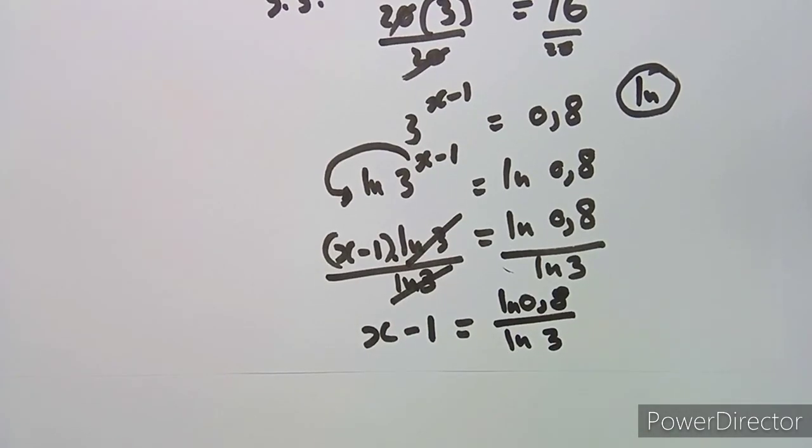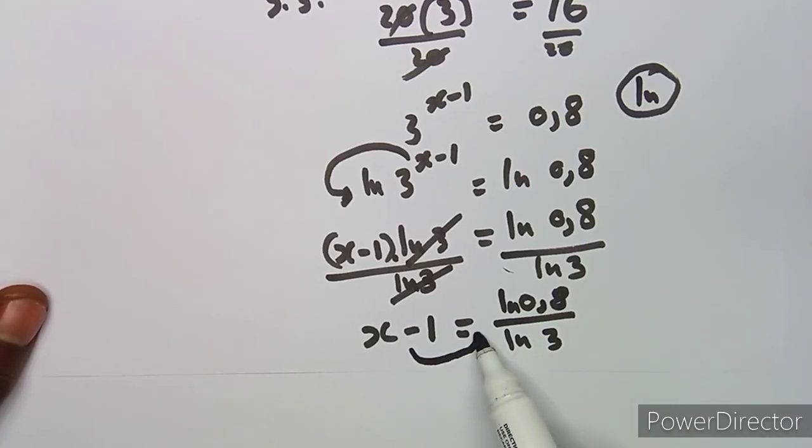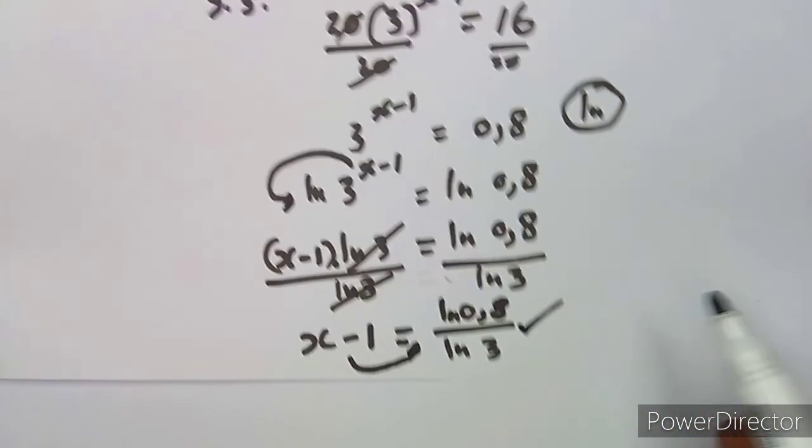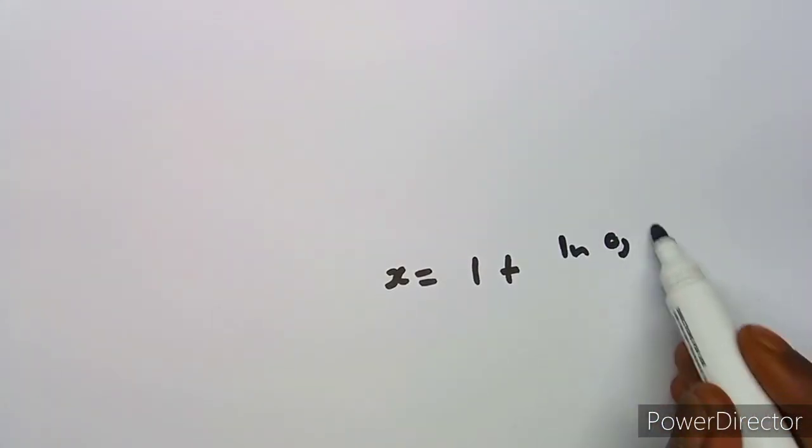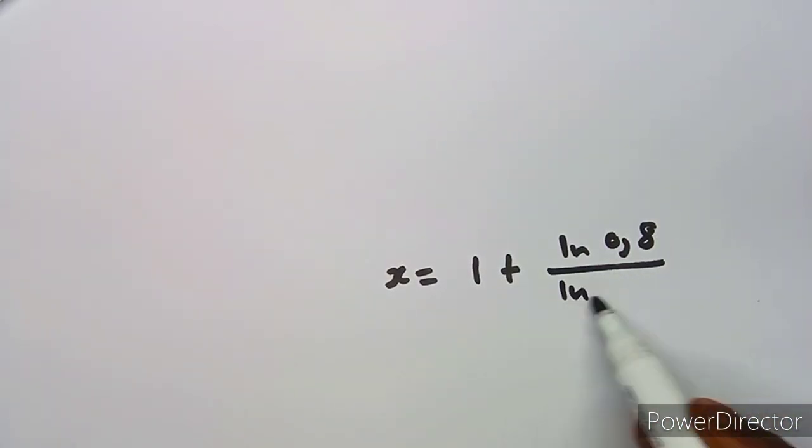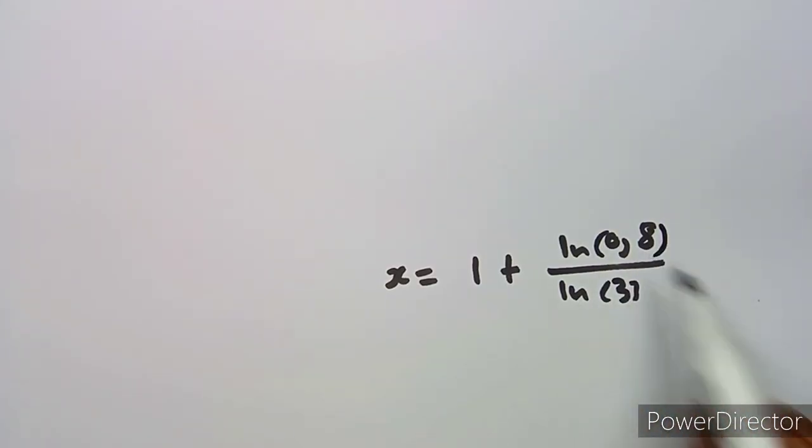So remember, I want to solve for x, so I can actually transpose this minus 1 to this side. It's going to be a plus 1. So x is going to be 1 plus ln 0.8 over ln 3, like that. So on your calculator, it's just going to look like this. So that's it, guys.